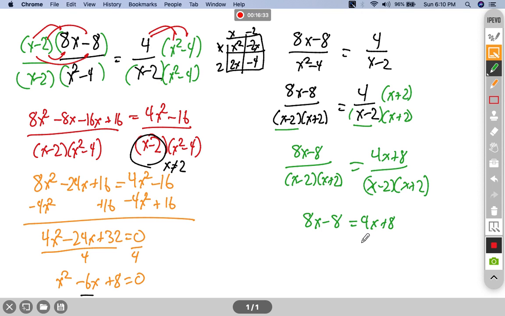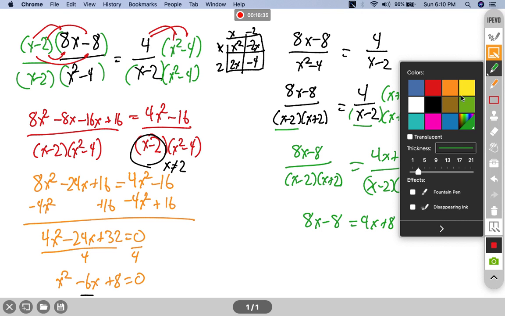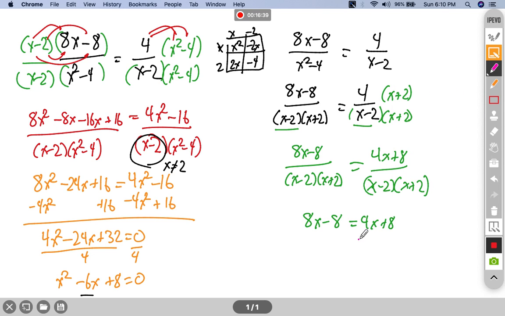So again, we'll take things over to the other side. Out of the way. Subtract my 4x. Subtract 8. Actually, let's not do that one. Because I don't have a quadratic, I don't need to get everything on the other side.